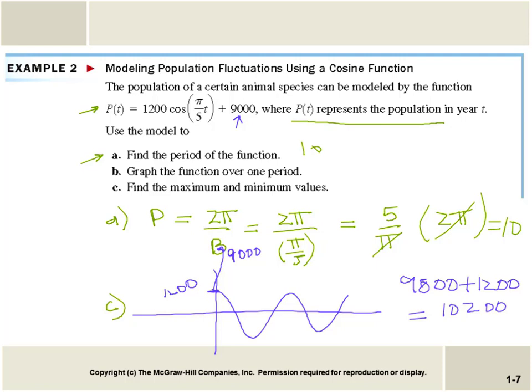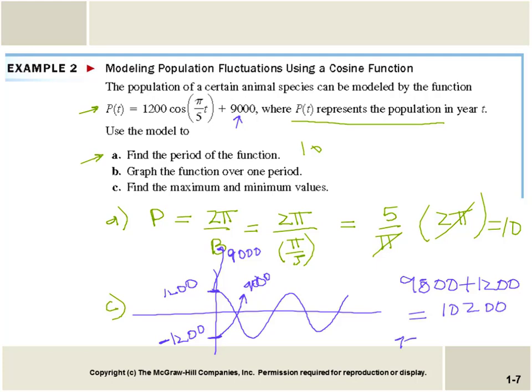Yeah, Brian. So remember, the minimum value is going to be minus 1,200. Good job, Brian. It would be 9,000. So this is also getting shifted up 9,000, isn't it?